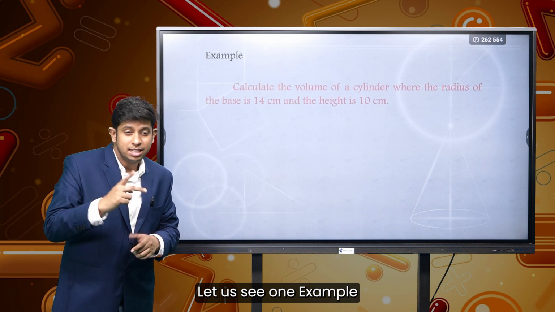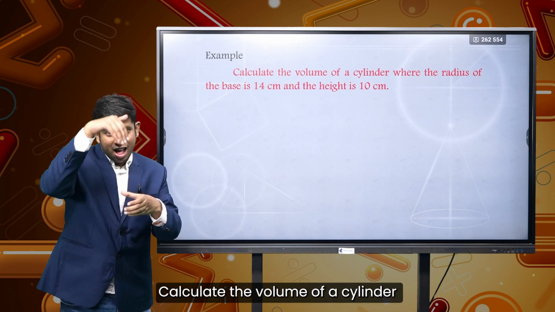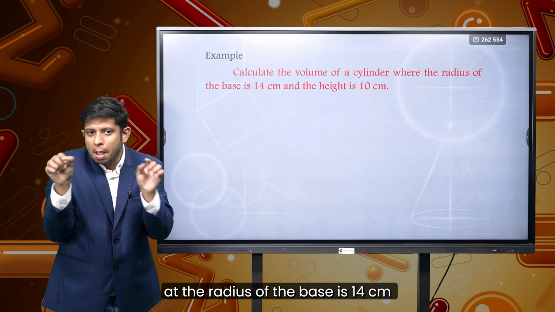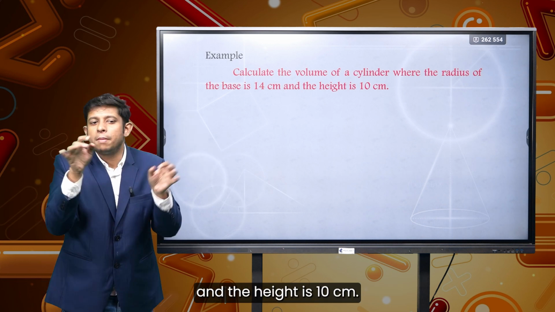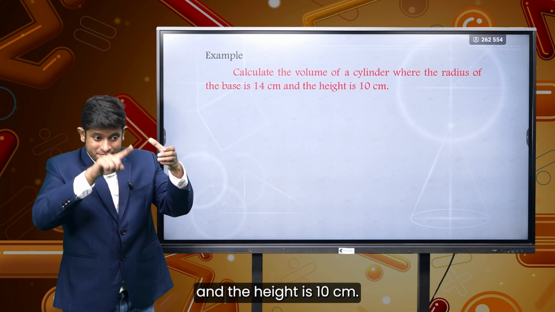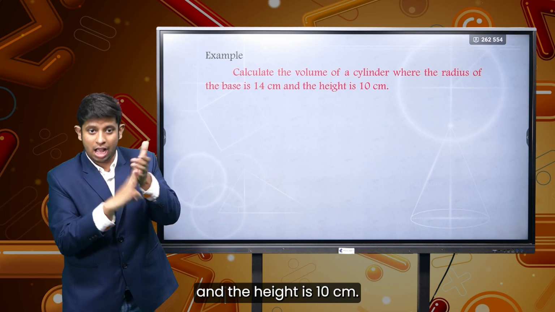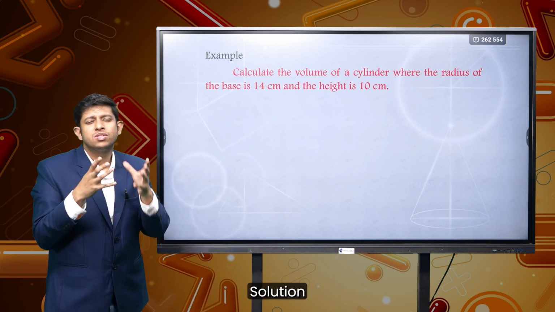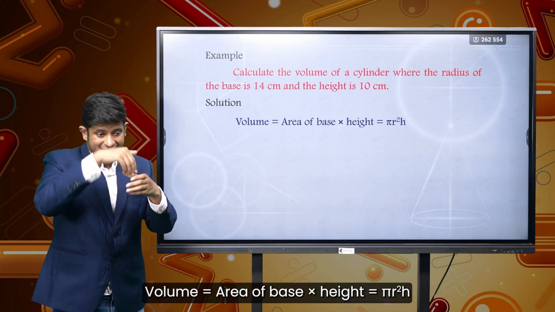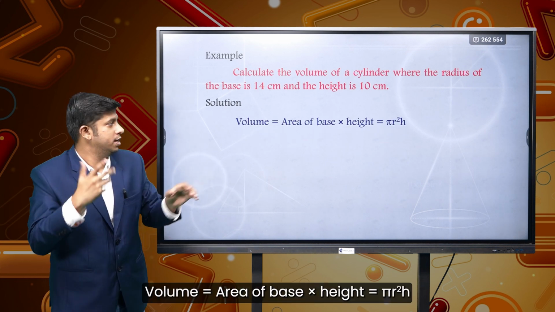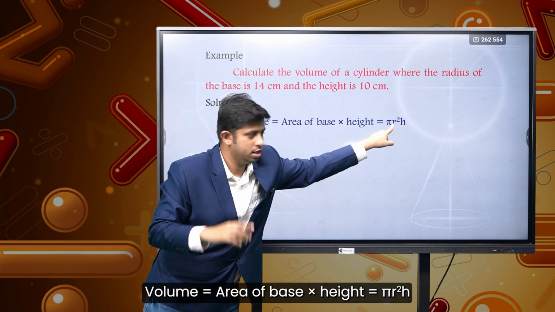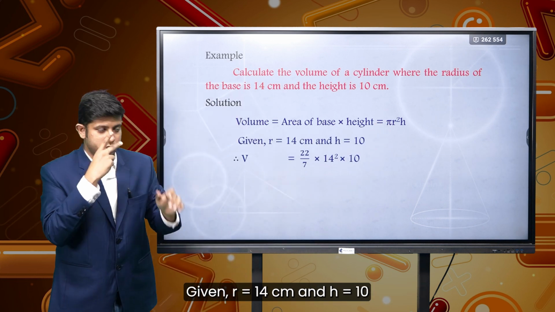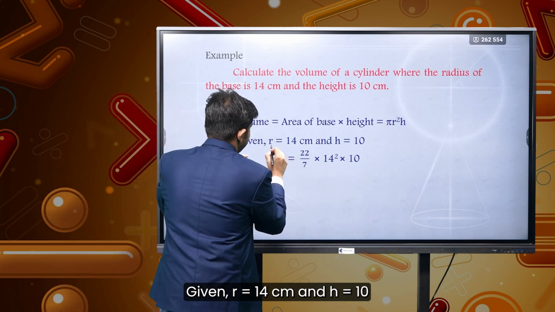Let us see one example. Calculate the volume of a cylinder where the radius of the base is 14 cm and the height h is 10 cm. Solution. Volume is equal to area of base into height, that is equal to pi r square h. Given r is equal to 14 cm and h is equal to 10 cm.